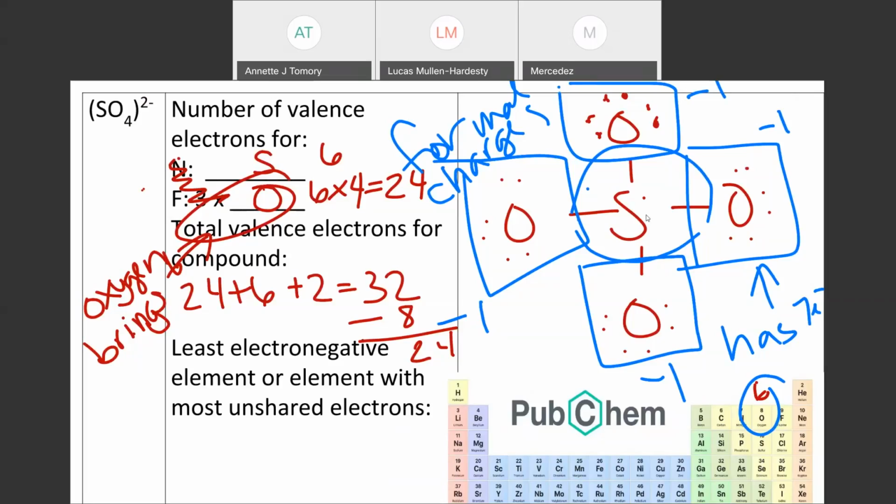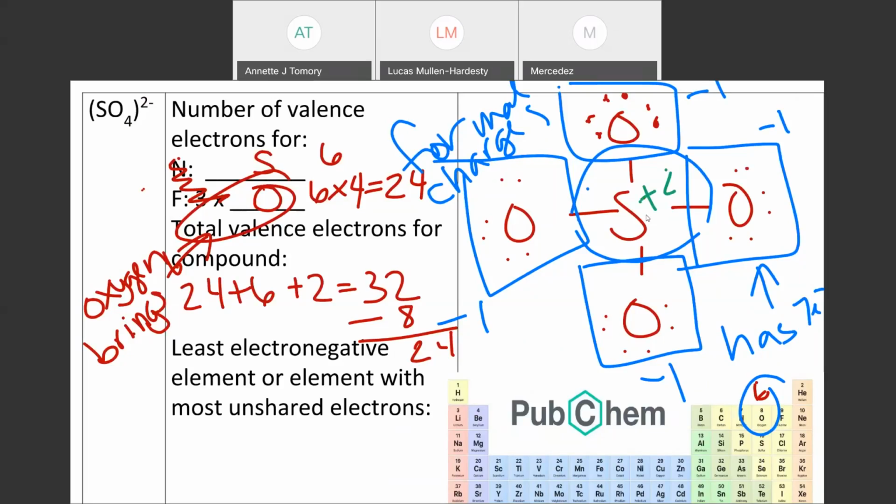It's +2 because it's missing 2 of its electrons. This does not follow the proper formal charge because we have formal charges everywhere in this situation. Every single element in here has a formal charge on it, when really the goal is to maximize the zeros. We're trying to minimize that formal charge.